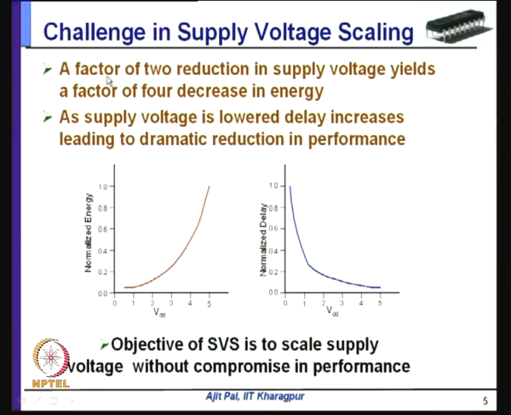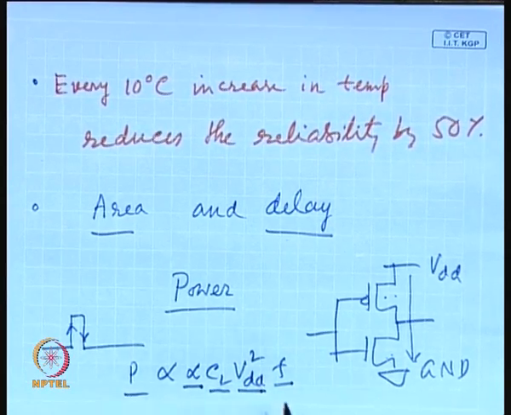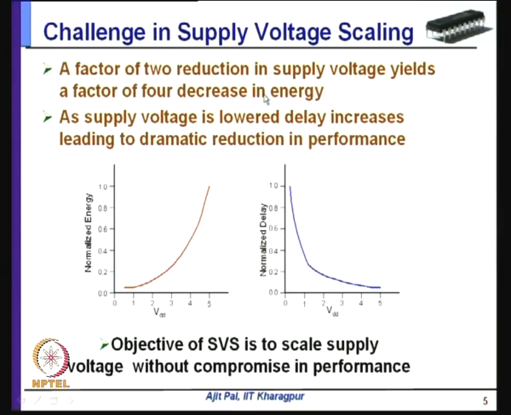Now, as we have seen, supply voltage is the most important parameter, because there is a square law dependence, VDD square is proportional to power dissipation. So, supply voltage has a strong dependence on power dissipation, and that is the reason why reduction in supply voltage is used to reduce the power dissipation.